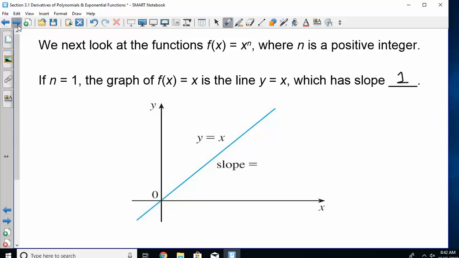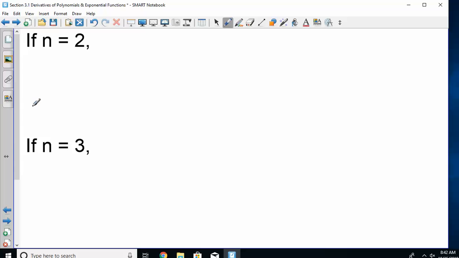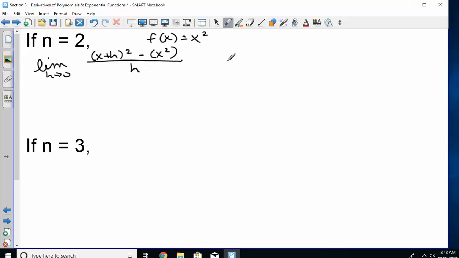Then if it's x squared, we can't necessarily just look at the line anymore. So if we actually did the definition, so we're talking about if f of x equals x squared, then we have the limit as h approaches 0 of f of x plus h, so x plus h squared, minus f of x, all over h.